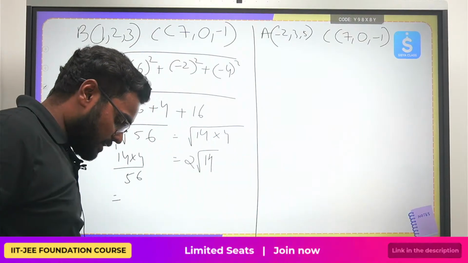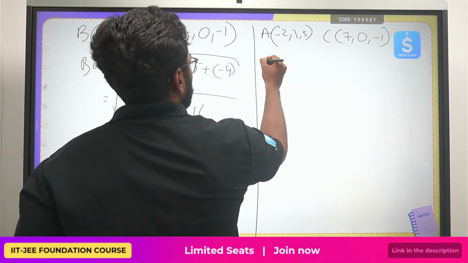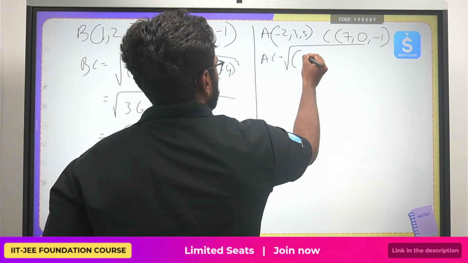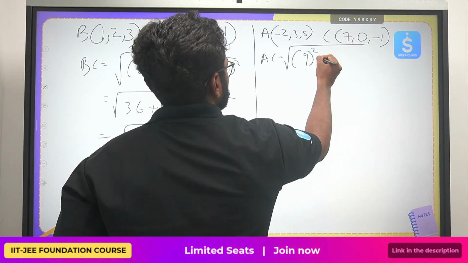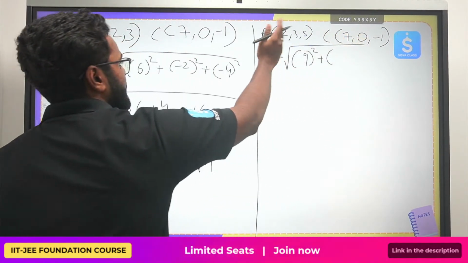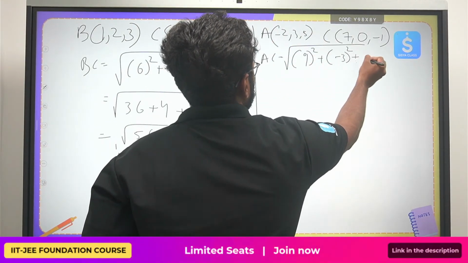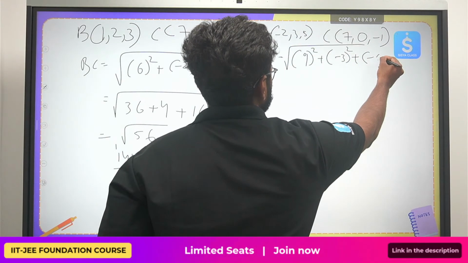Again applying the formula: (7 plus 2) whole square, which is 9 square, plus (0 minus 3) whole square, plus (minus 1 minus 5) whole square, which is minus 6 square.